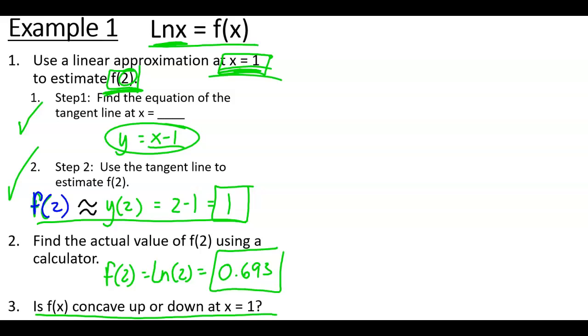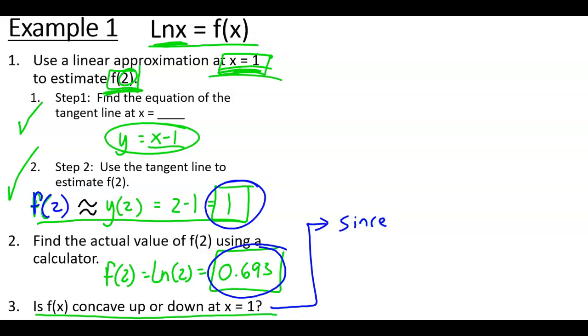Here's why. My estimate is bigger than the real value. So since my estimate, y of 2, which equals 1, is greater than the actual value, f of 2, which was 0.693, that means that my estimate was an overestimate.